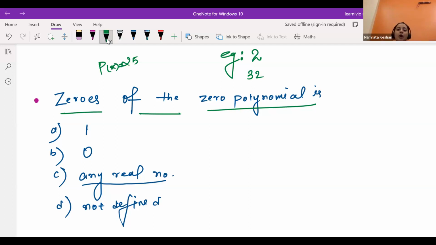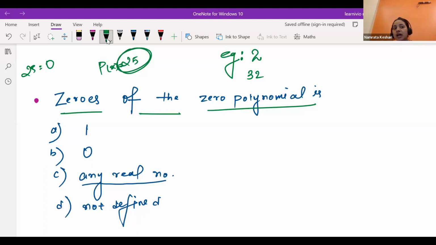The process is to take the polynomial as it is and write it equals 0. So 25 equals 0. Is it valid in mathematics? 25 and 0 are not the same number.